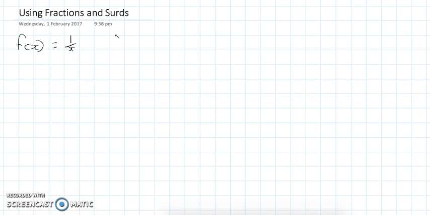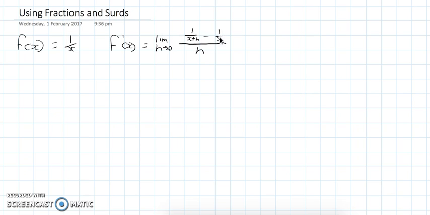So let's go. F dash x is equal to limit as h tends towards 0 of 1 over x plus h minus 1 over x. Now all of this is divided by h.